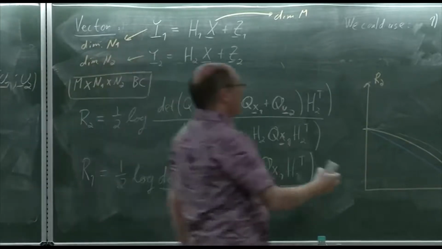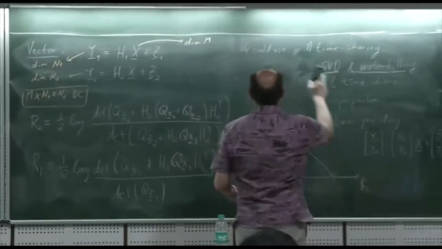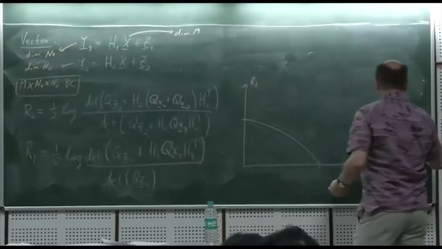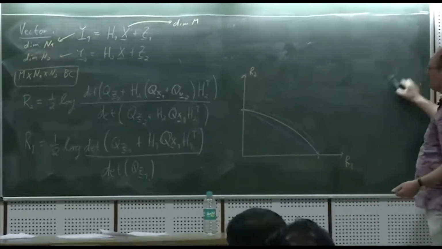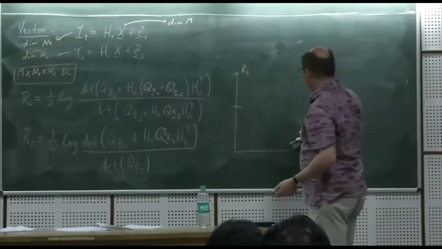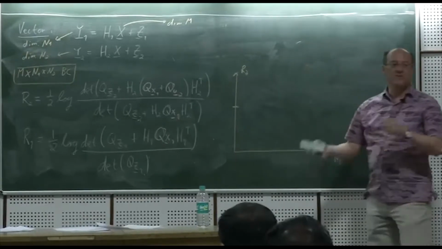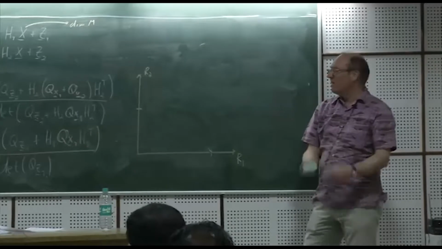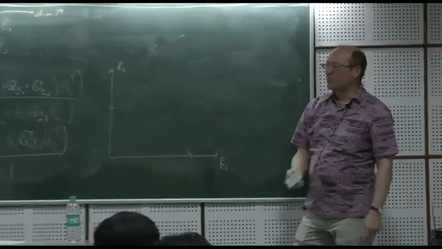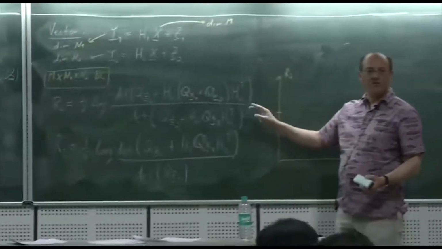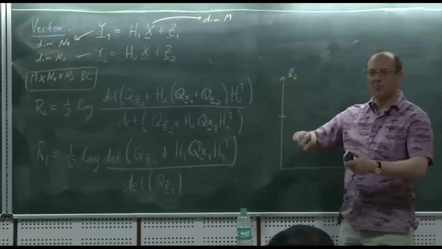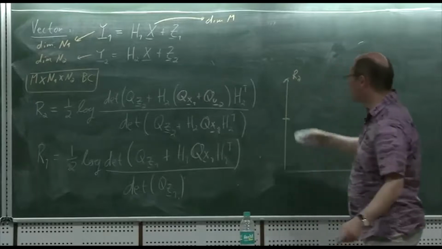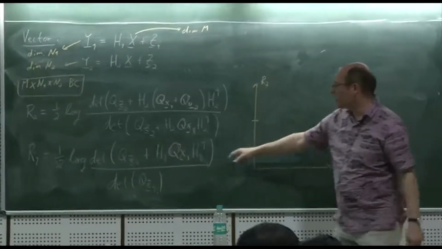I'll say a few words about that in just a second, because that was simplified strongly in around 2005, that optimization, using the duality of broadcast channels and multiple access channels. So it was an important paper and result from the Stanford group that made this optimization simple. The main purpose of the duality was to simplify this optimization. But if we plot this, what will we get? We'll get a very large rate 1.